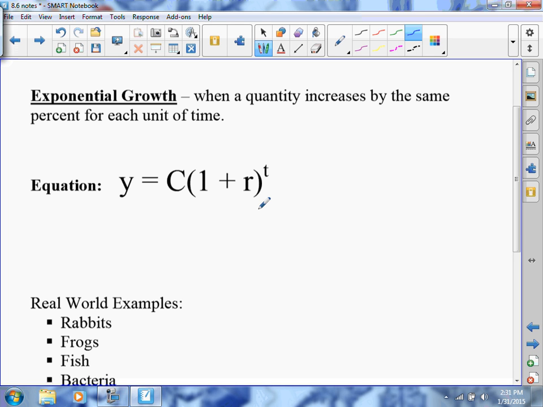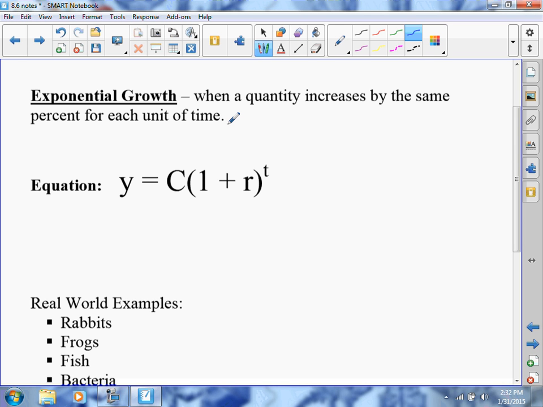And exponential growth, remember, is when a quantity increases by the same percent for each unit of time. So even in the graphs that we saw in the previous section of notes, when we had an exponential growth, it meant that the base was staying the same and the exponent was increasing by 1 when we were making our table of values.